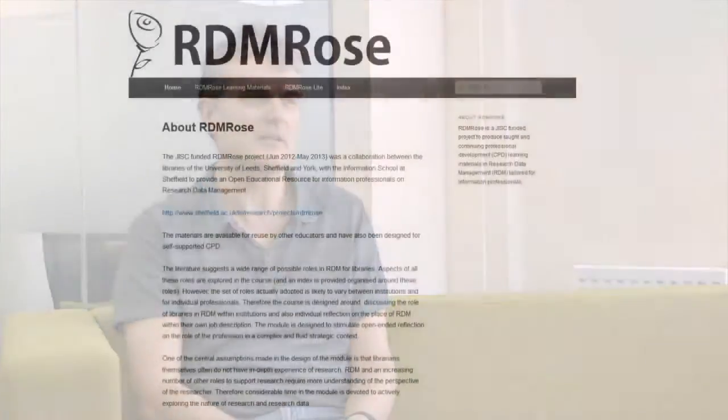And so RDMRose was a project funded by JISC, but involved university libraries at Leeds, Sheffield and York, working with the information school to develop learning materials as an open educational resource, so that it could be shared and reused by other learning providers.